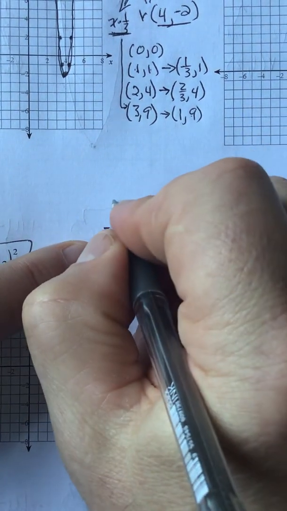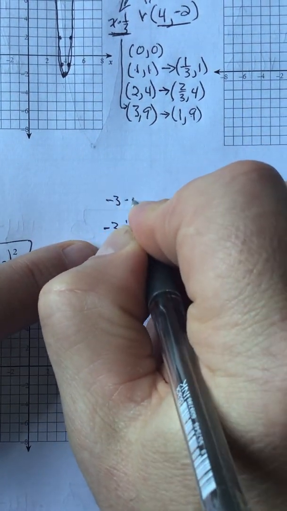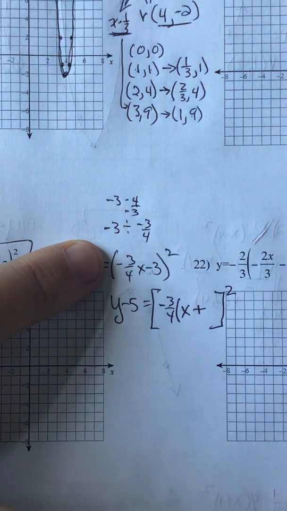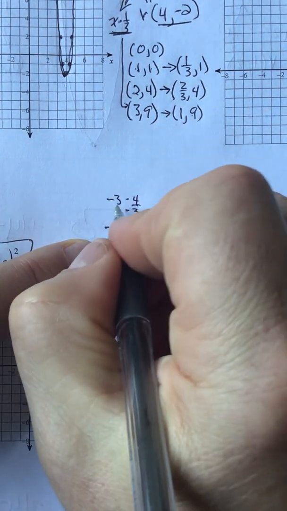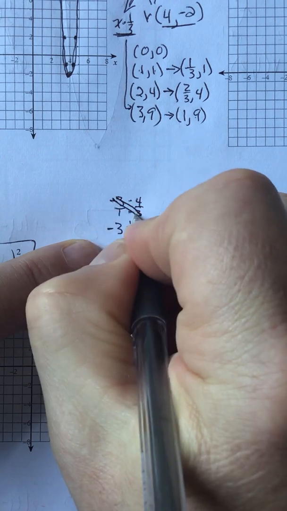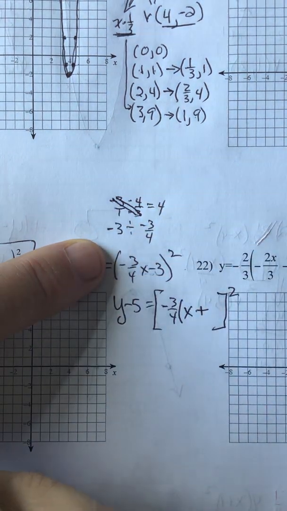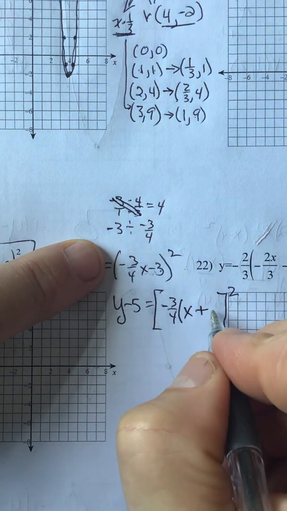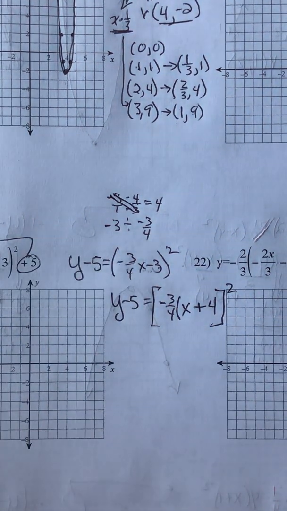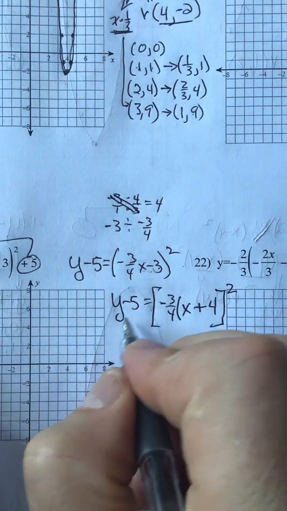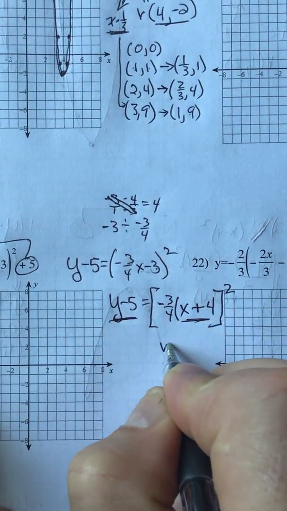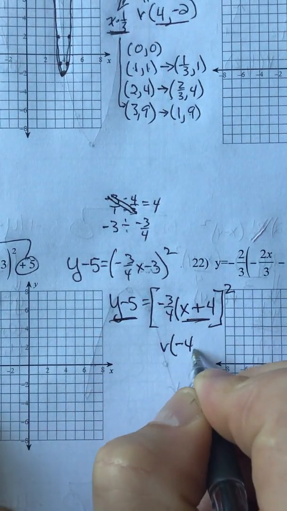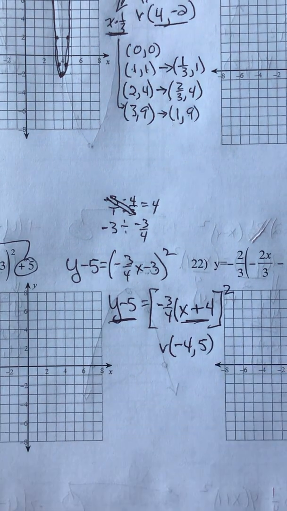Okay, well that's the same thing as negative 3 times negative 4/3. Okay, well the 3's cancel out, the negatives cancel out, and it's positive 4. 3 divided by 3/4 is positive 4. Okay, that makes the vertex right here. The vertex is at negative 4 for the x and positive 5 for the y.